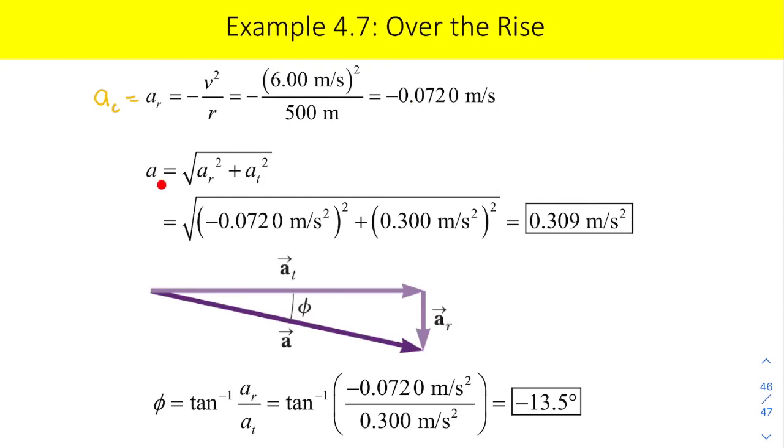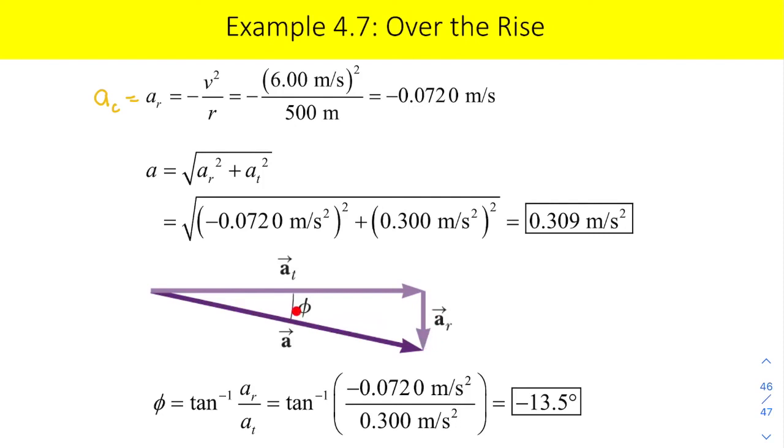To have the magnitude of the a for your car, you use direct Pythagoras, because at any instant it is actually a combination of ar and at. How to visualize this? It is manifested in this diagram, where you have the tangential acceleration, the resultant a experienced by the car, and then the ar always towards the center of the circle.